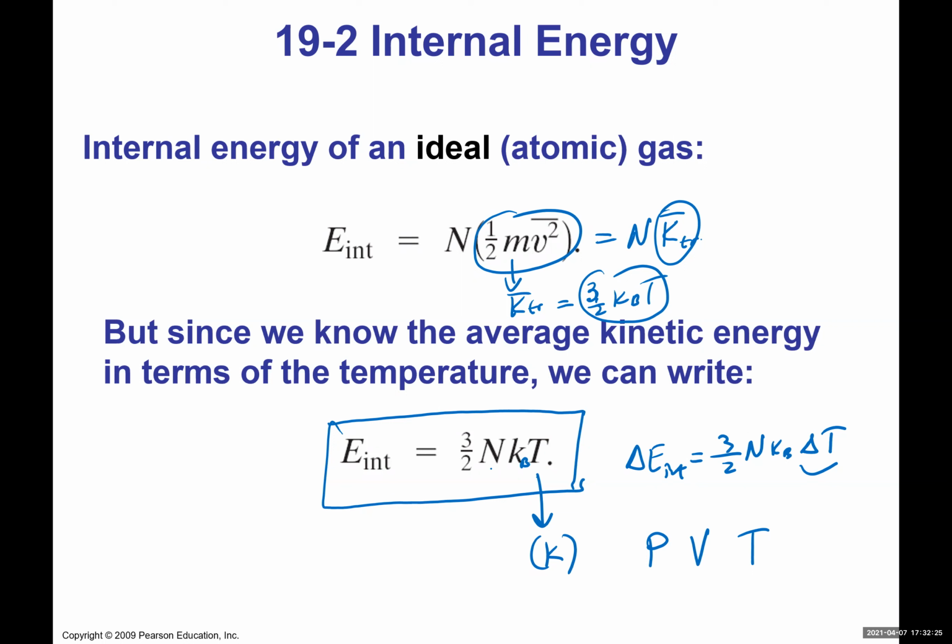That's an important thing to remember, because when we get to the first law of thermodynamics, we'll be looking at internal energy relative to some other quantities. But here it says that internal energy is proportional to the temperature of your system, and the only way you can change your internal energy is if the temperature is changing.